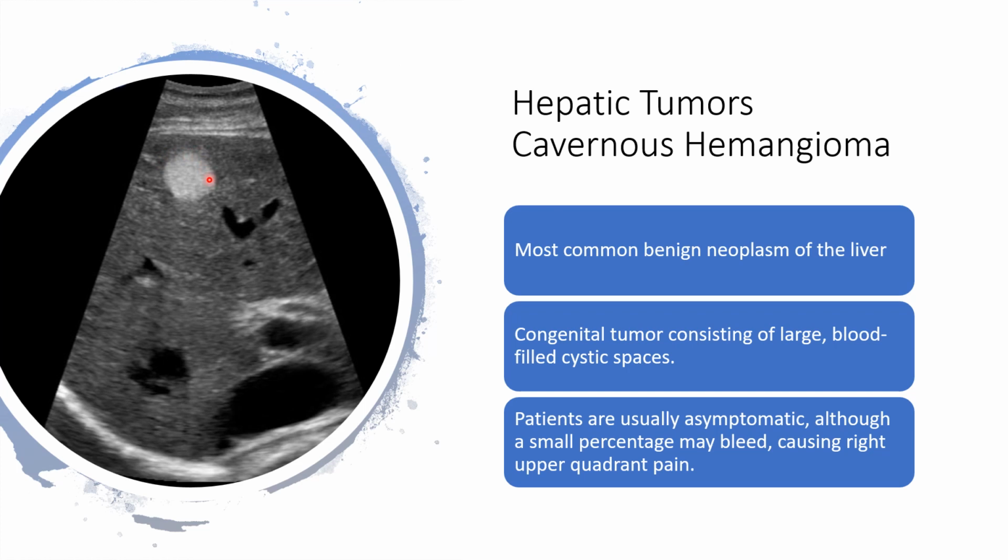You can see it here as a hyperechoic mass in the anterior portion of the left lobe of the liver. Patients are typically asymptomatic, but a small percentage of them can bleed, causing right upper quadrant pain. Part of that is going to depend on the size of the hemangioma.